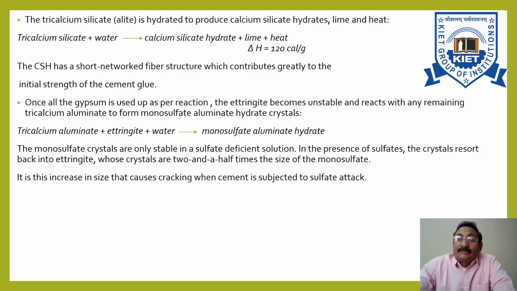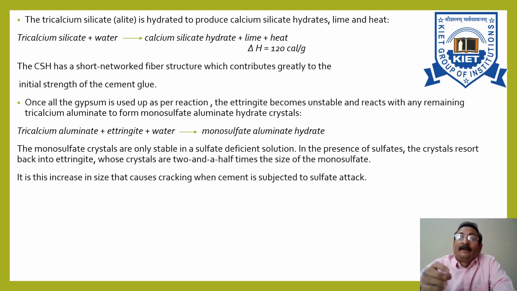Now, this hydration of tricalcium aluminate, the calcium aluminate system, is CaO, Al2O3, H2O. When alite is hydrated, it produces calcium silicate hydrate, that is CSH, lime and heat.